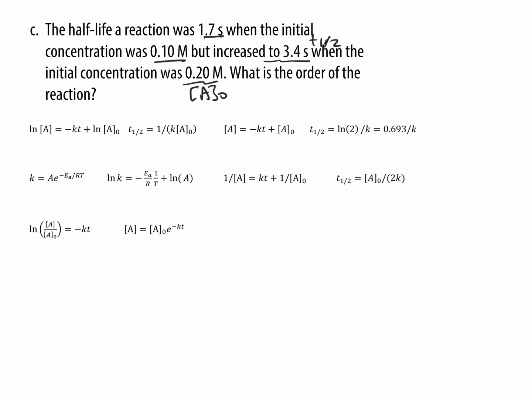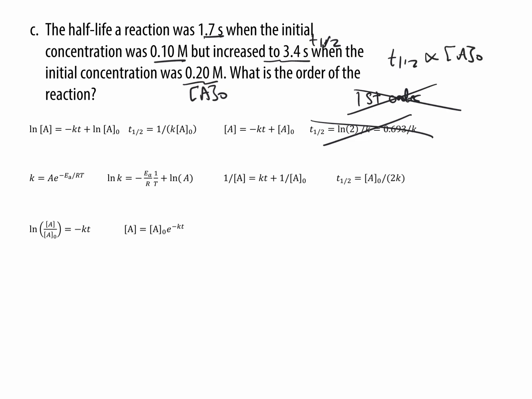Okay, first thing we can do is we know the half-life is changing, so we have to rule this one out. It can't be first order. First order is the constant half-life. Now, what about the other one? When the initial concentration is 0.2 molar, it's 3.4 seconds. When it's 0.1, the half-life is 1.7. So this is the case where T1/2 is proportional to A naught.